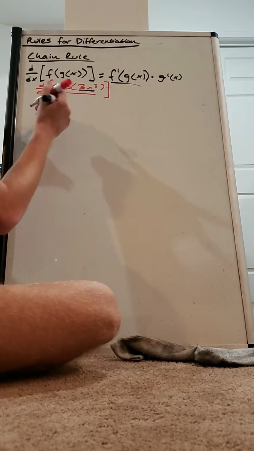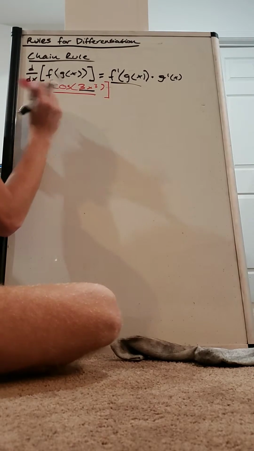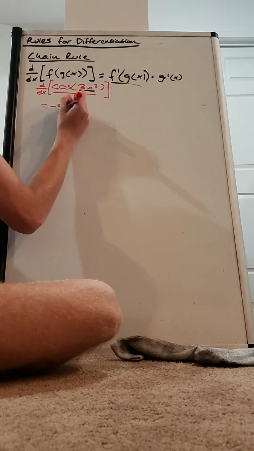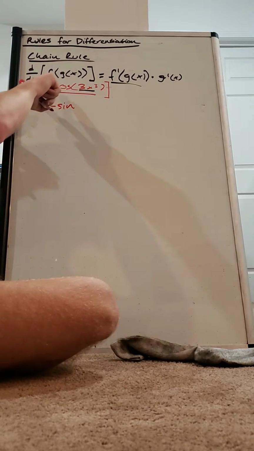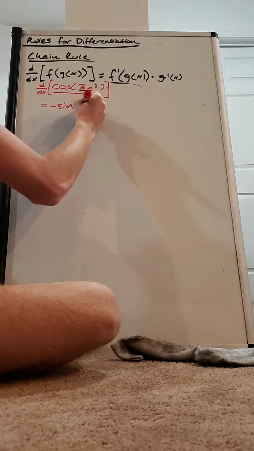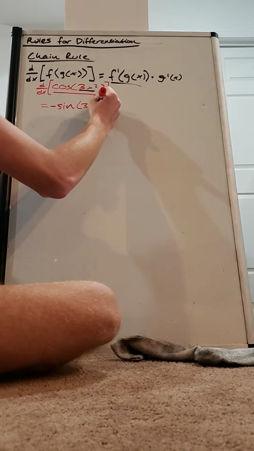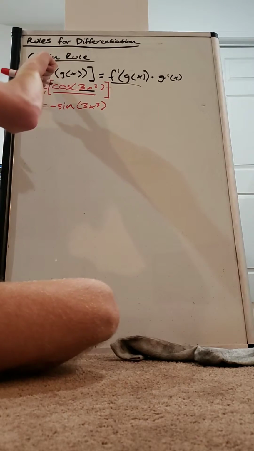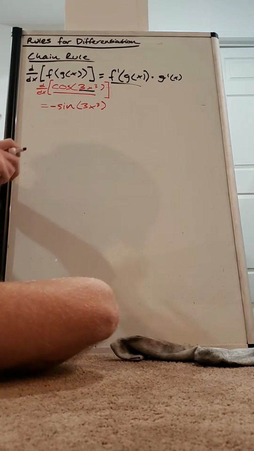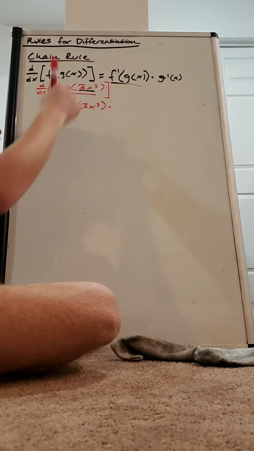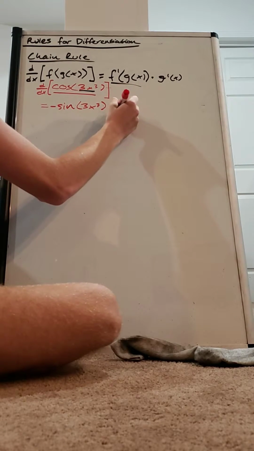So the way you would do that is change it to negative sine, because if you remember, the derivative of cosine is negative sine, and leave this 3x cubed the same, right? We never change what is inside the other function for the first part, and then we would multiply it by the derivative of g of x, which would be 9x squared.